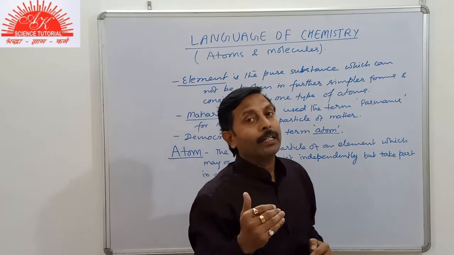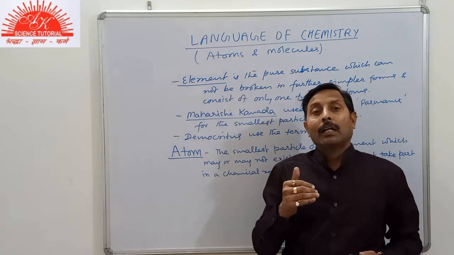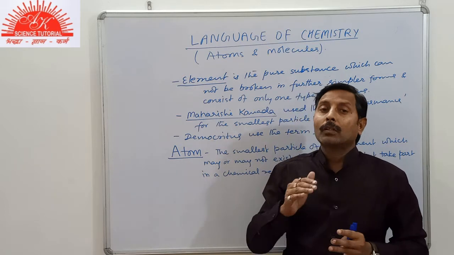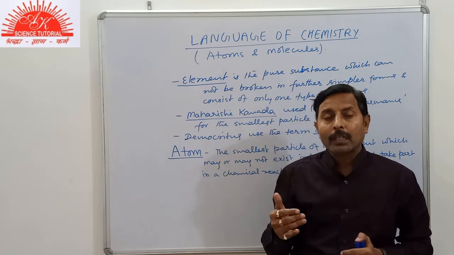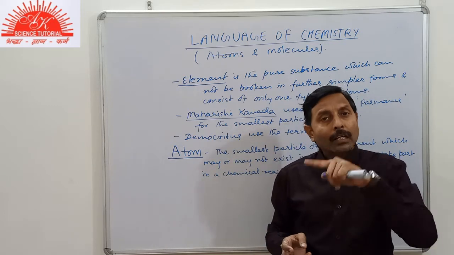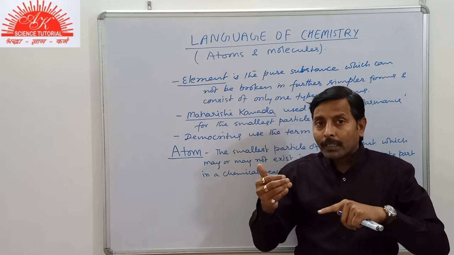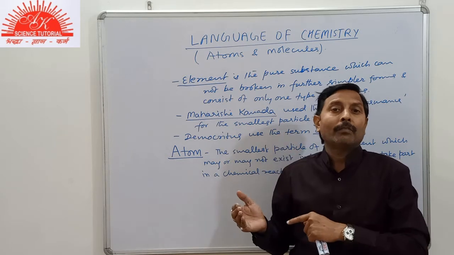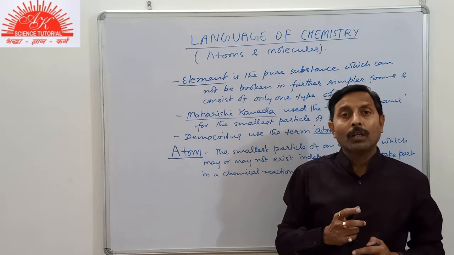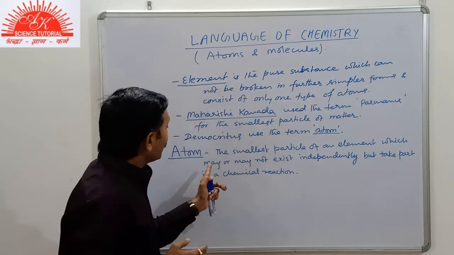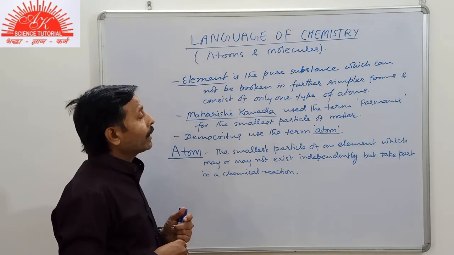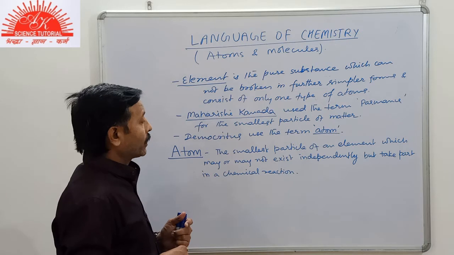But if an atom has an incomplete valence shell, means it has not completed its duplet or octet, it will not be stable, so it always combines with another similar atom or an atom of a different element to change into a molecule that will be stable. So it is said that it may or may not exist independently but can take part in a chemical reaction.